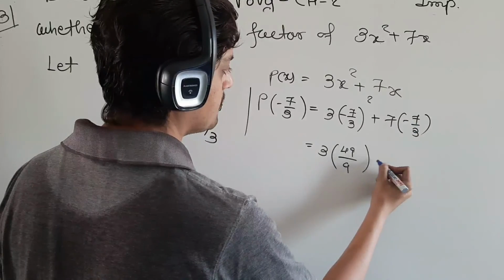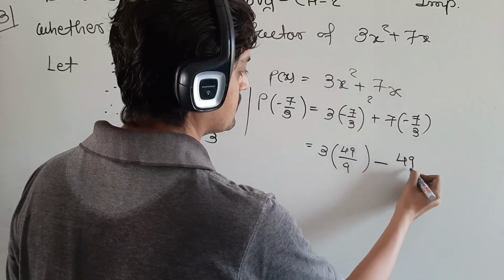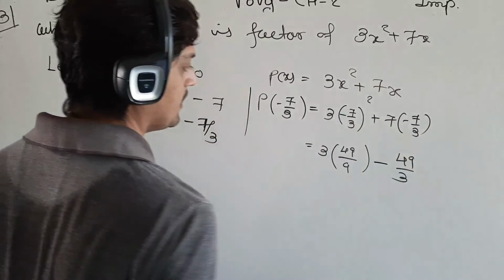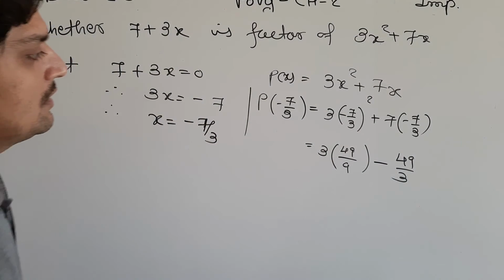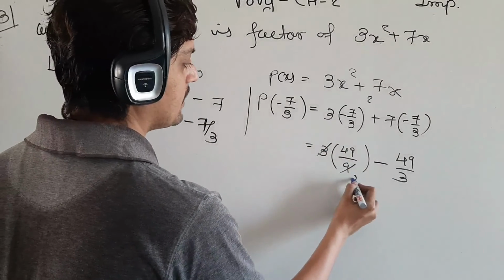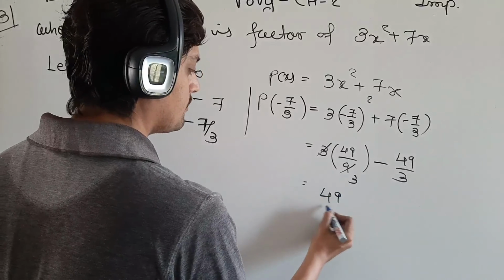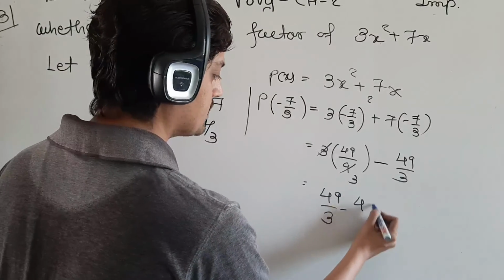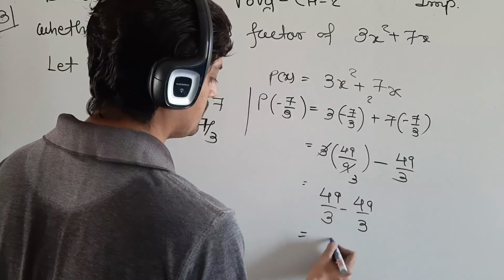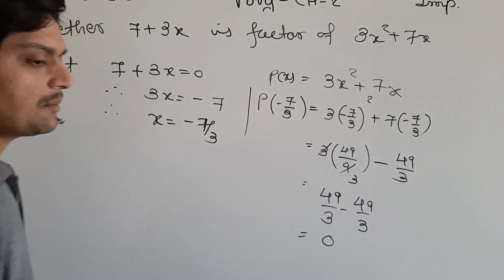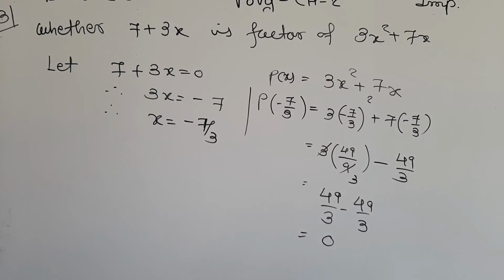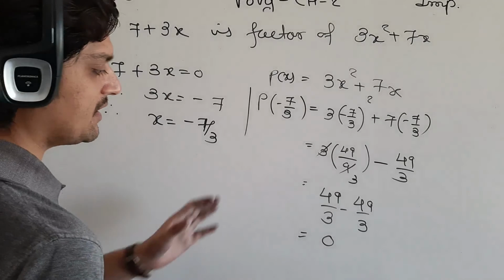So here minus will come, minus 7 sevens are 49 by 3. Okay, so 3 threes are, so what will remain? 49 by 3 minus 49 by 3 equal to 0. Okay, so the remainder comes 0 here, which means that yes, it is a factor.